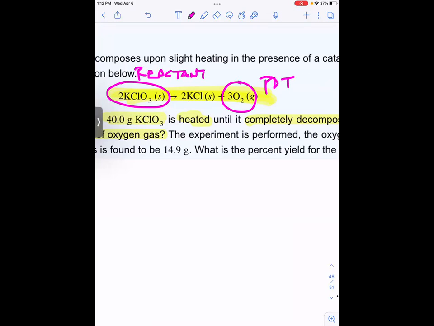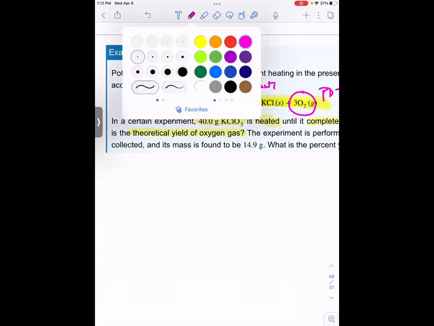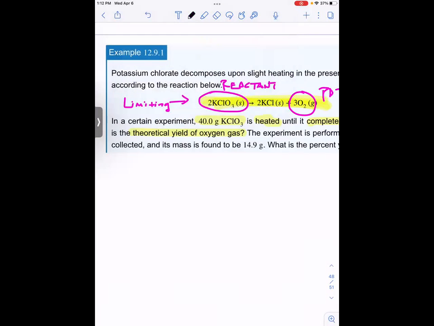So the first thing we need to do is what? Somebody help me. It doesn't matter what the problem is. Every problem has a pattern or a process that you have to follow to solve it. That's just part of the game.